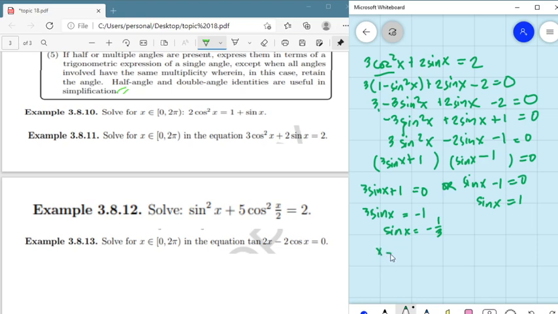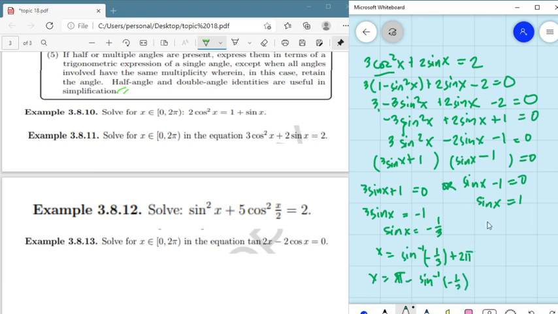So x would be equal to the inverse sine of negative 1/3, plus 2 pi, okay, or x can be equal to pi minus the inverse sine of negative 1/3.